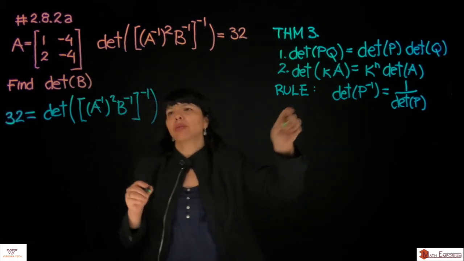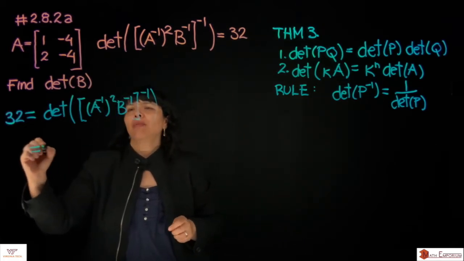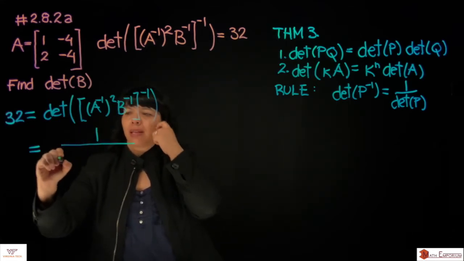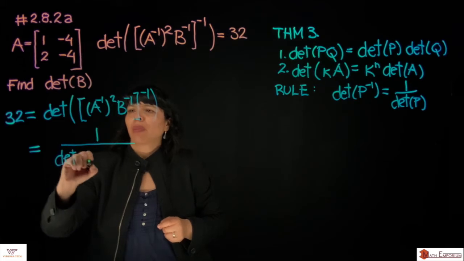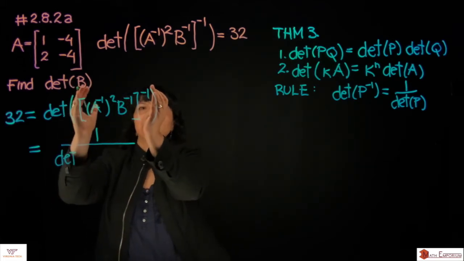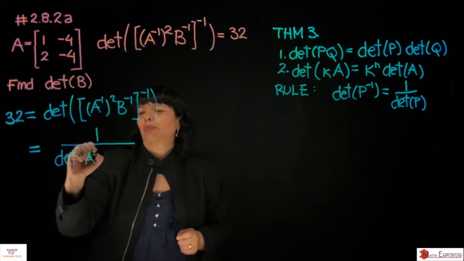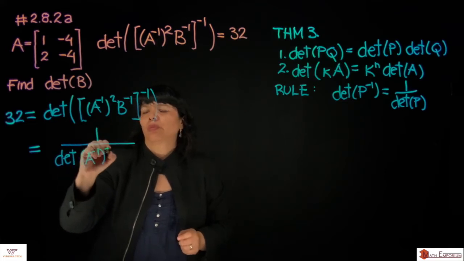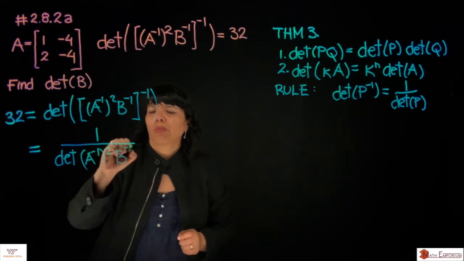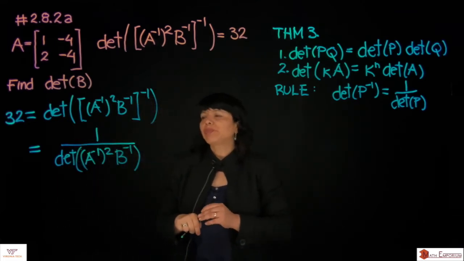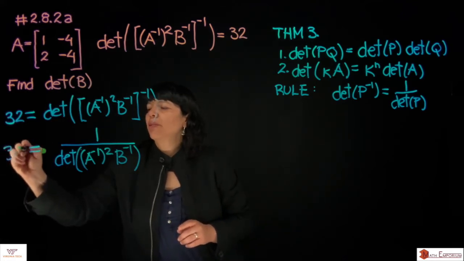So using this rule, this is the same as having 1 over the determinant of this matrix that is inside of the square brackets. And I'm going to put this parenthesis here. Okay? So I still have 32.